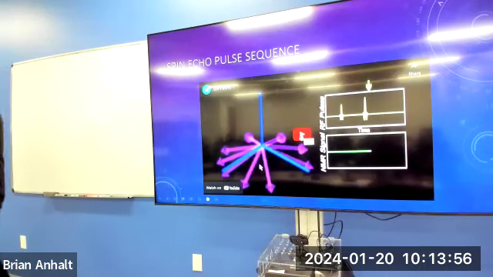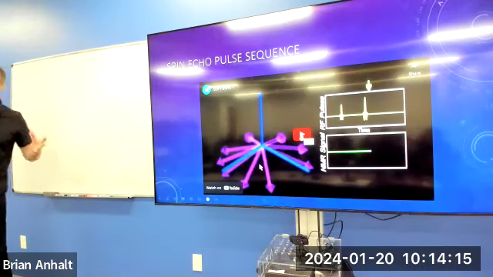If B0 is all over the place, the precessional frequencies are going to be all over the place, right? So inhomogeneities are going to cause protons that are in phase to go quickly out of phase. Right? So we have transverse magnetization. Remember, it goes away because of loss of phase coherence, right? So anything that causes that loss of phase coherence is going to cause loss of transverse magnetization.